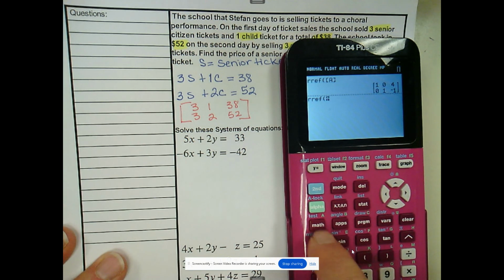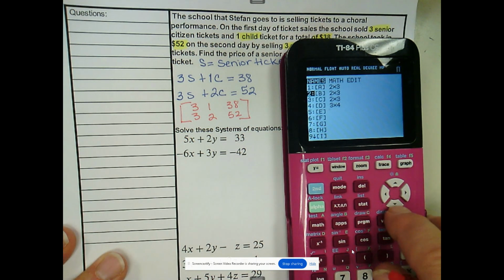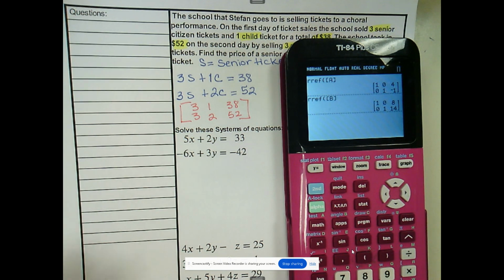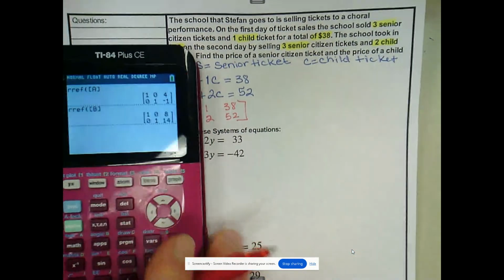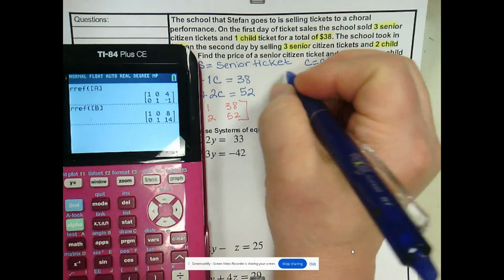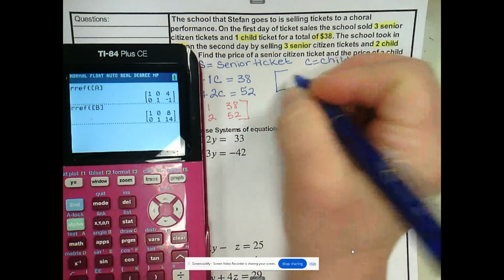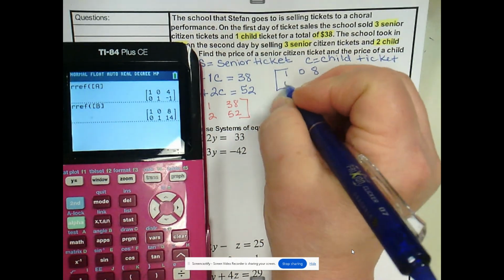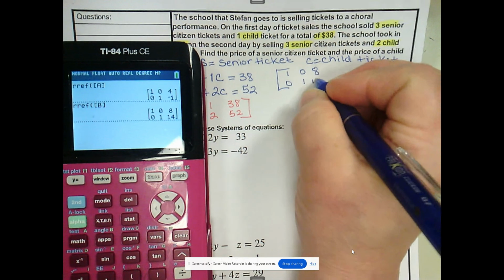Come back and we need to get our matrix B, and there we go. So the matrix we get is 1, 0, 8, 0, 1, 14.